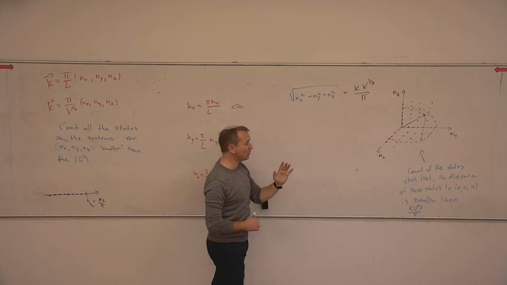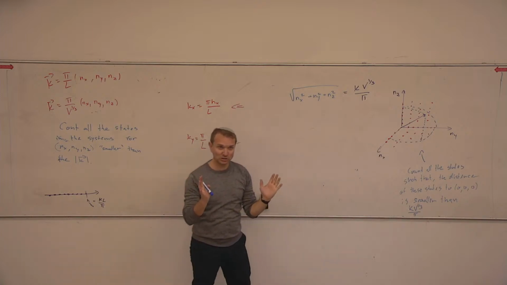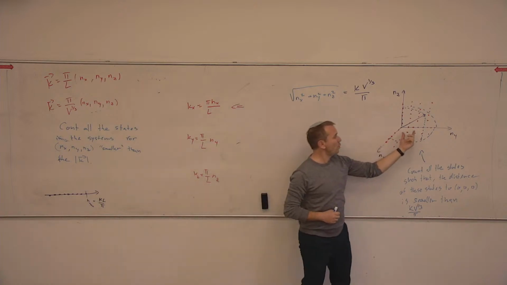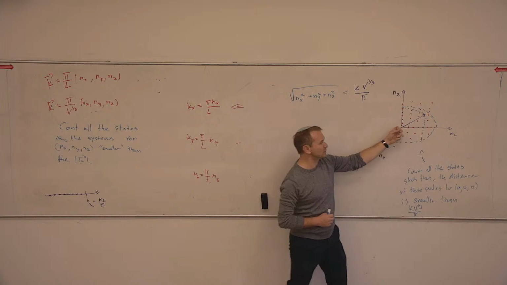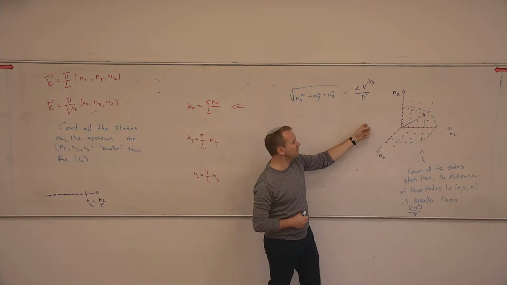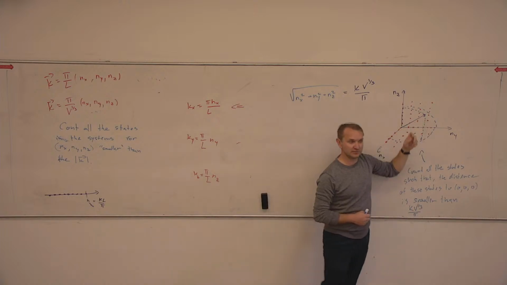So I have to calculate the volume of this ball in 3 dimensions and only take one specific part of it, okay? Because I don't care about those numbers when nx's, ny's, or nz's are negative.